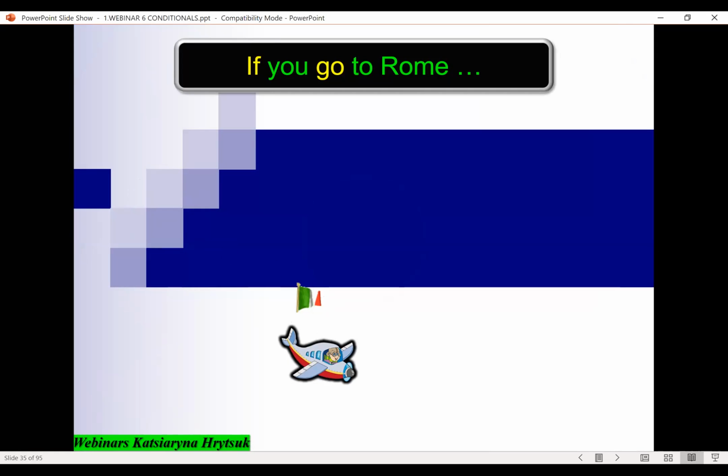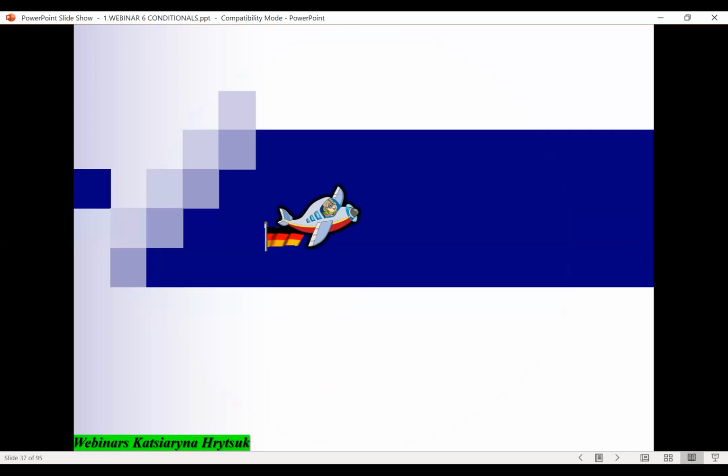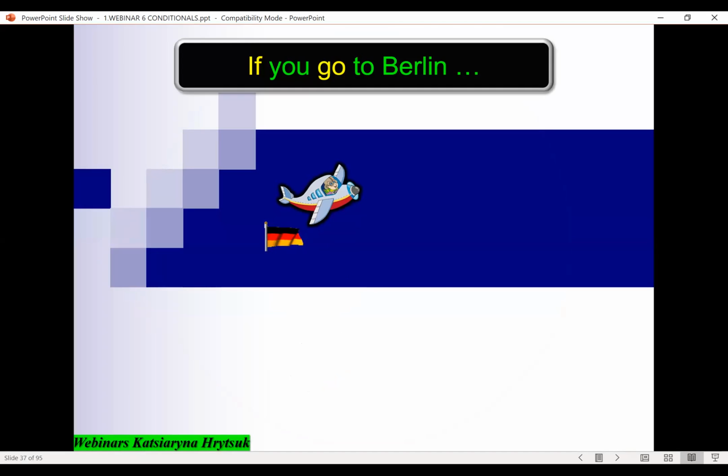Sofia. If you go to Rome, you will see the Colosseum. Yes, good. So you will see the Colosseum. Sofia, you're next, please. They cannot hear me.